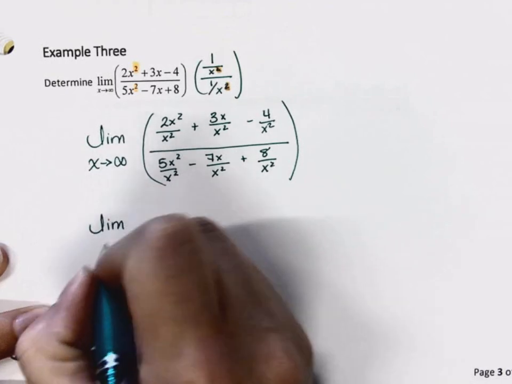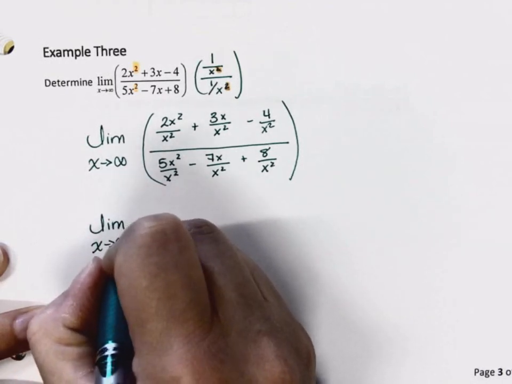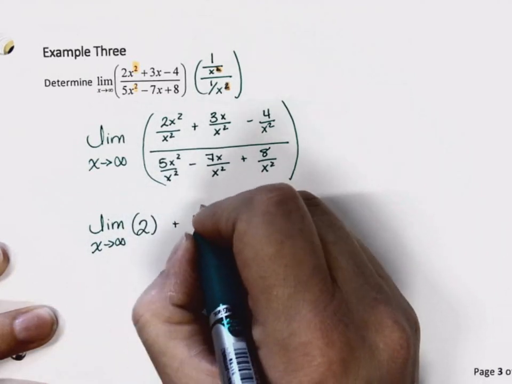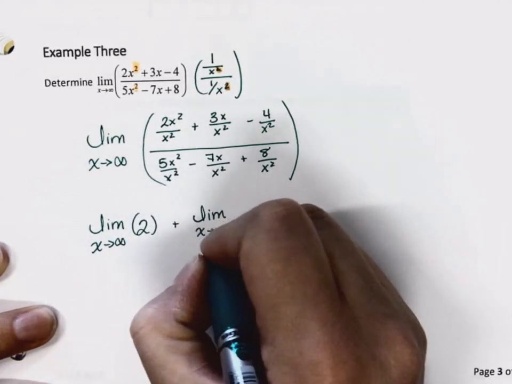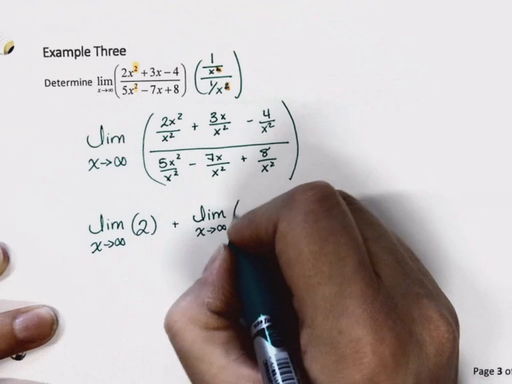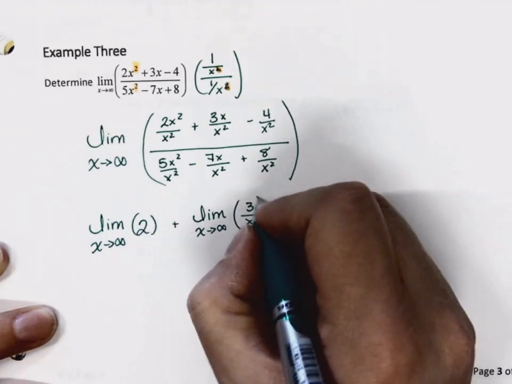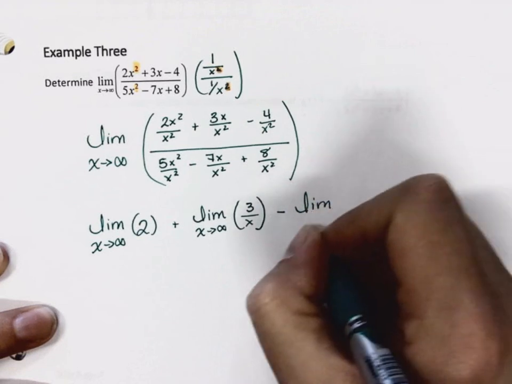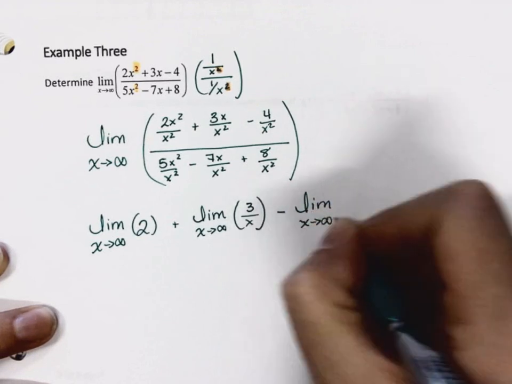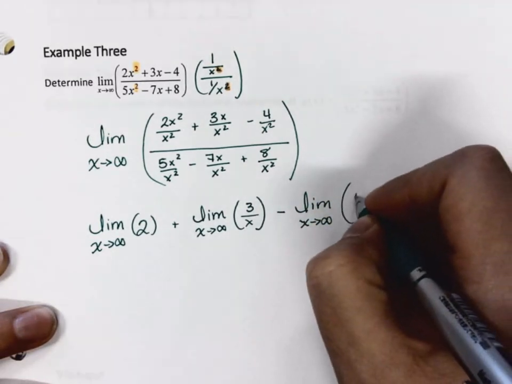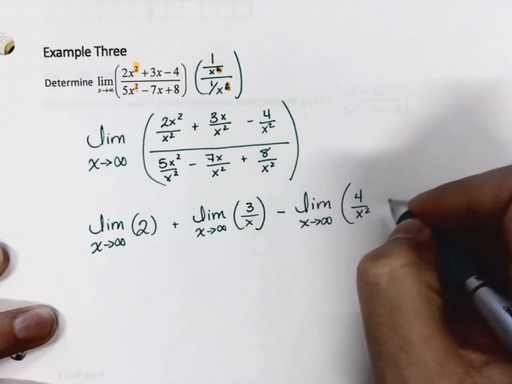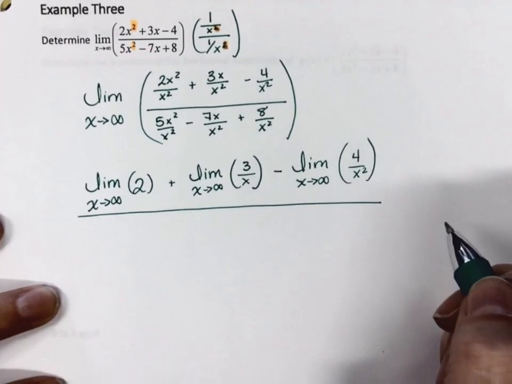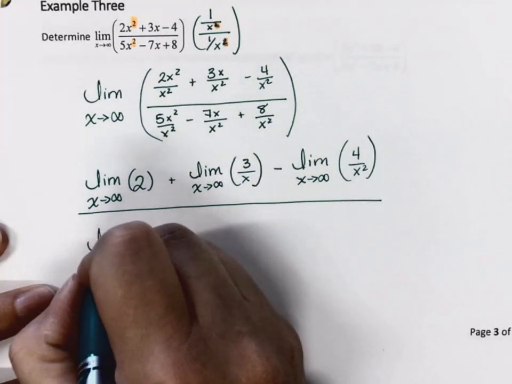So we are going to have the limit as x approaches infinity of 2 plus the limit as x approaches infinity of 3 over x minus the limit as x approaches infinity of 4 over x squared, all over the limit.